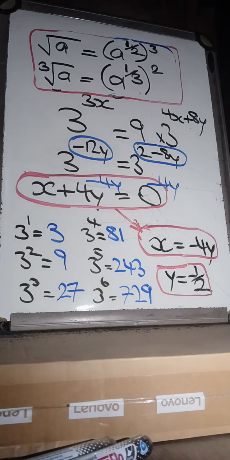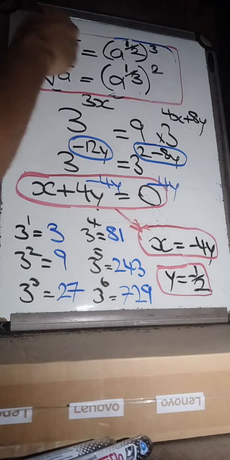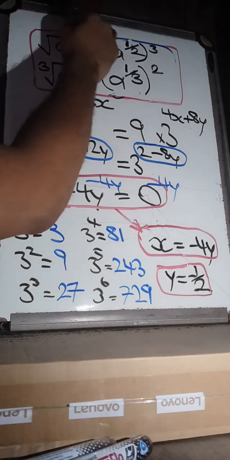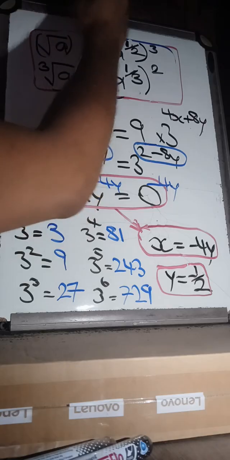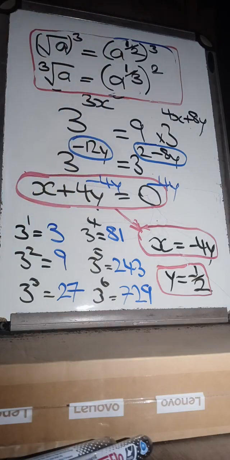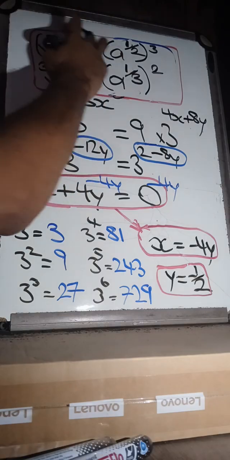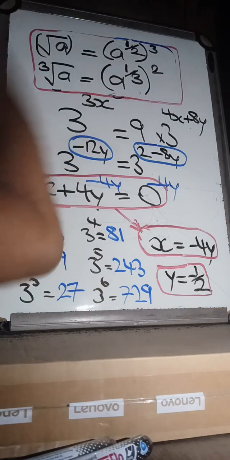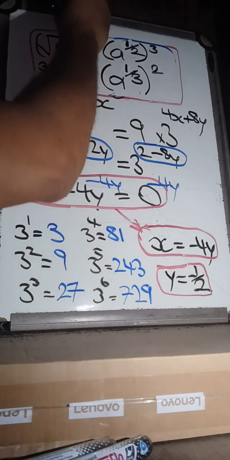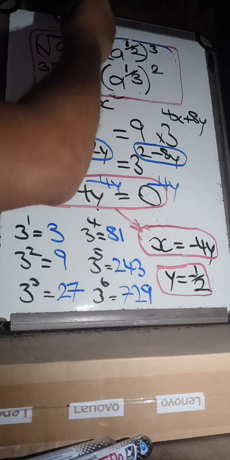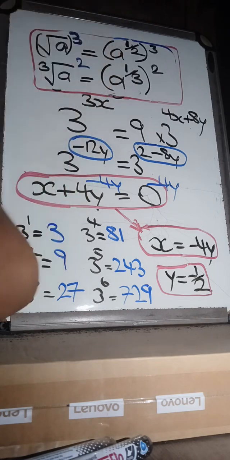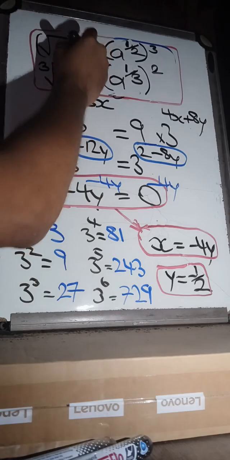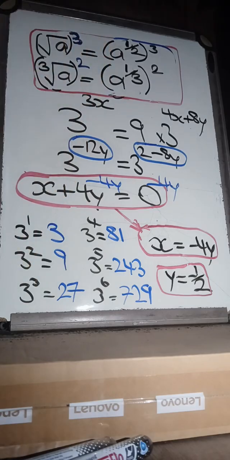Now, mind you, I have to be careful, right? Because that means square root the number first, and then the result of it, you cube it. Right? So square root first, cube it after; cube root it first, square it after.